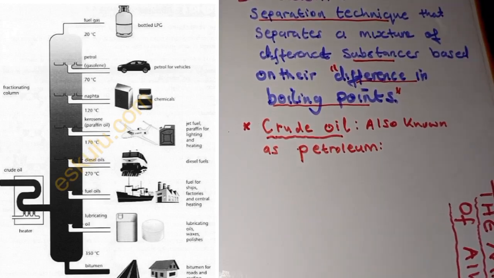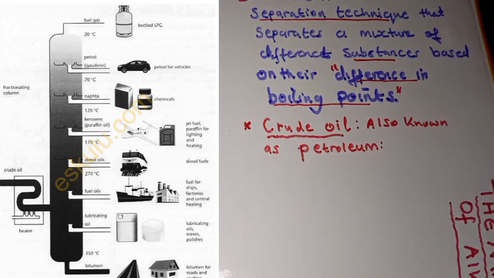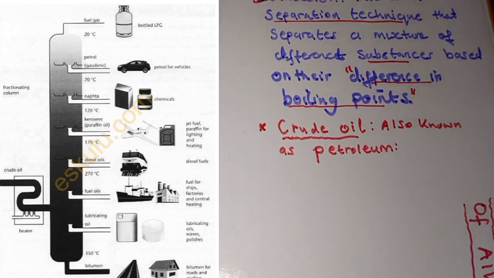These compounds, as you can see, are fed in there. Where it's written crude oil, the crude oil is being fed into the heater where it is heated, and then these compounds are separated based on the boiling point.